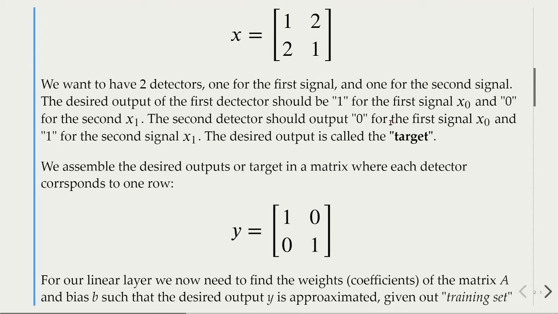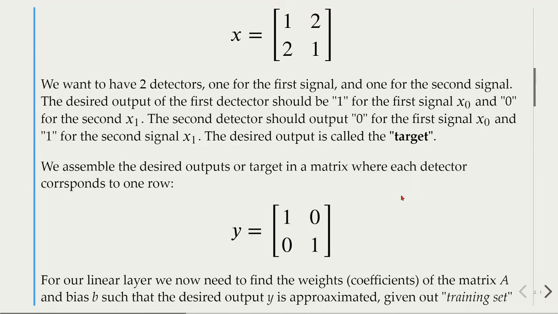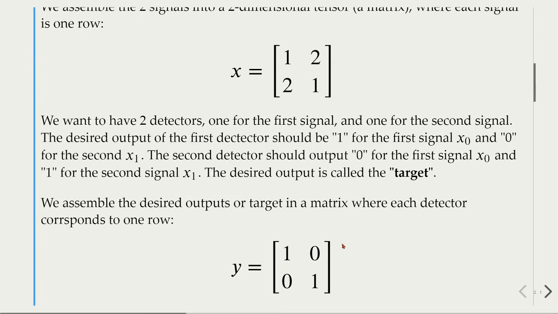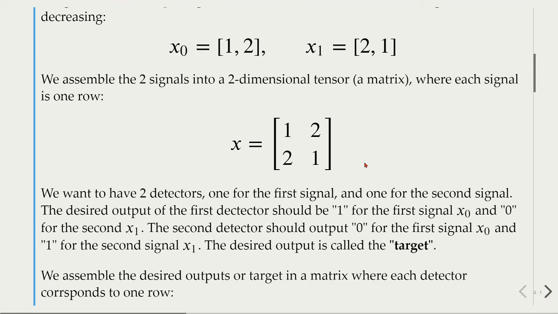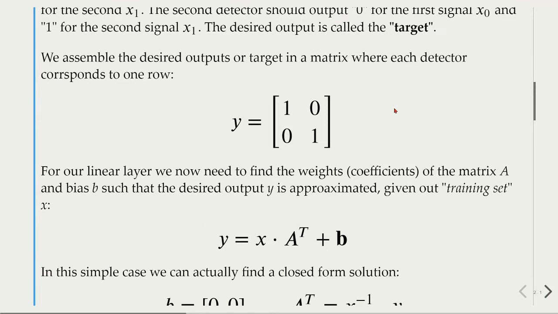We assemble the desired outputs, or targets, in a matrix where each detector corresponds to one row. So here we have the first detector. Like we've said before, it should be 1 and 0 for the first signal and 0 and 1 for the second x1 signal.